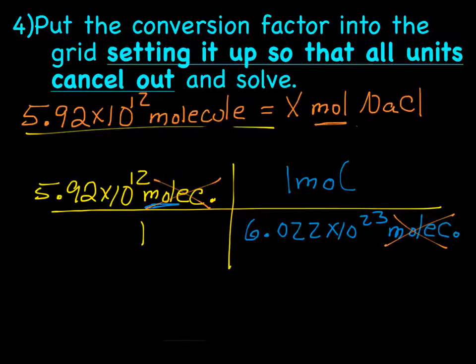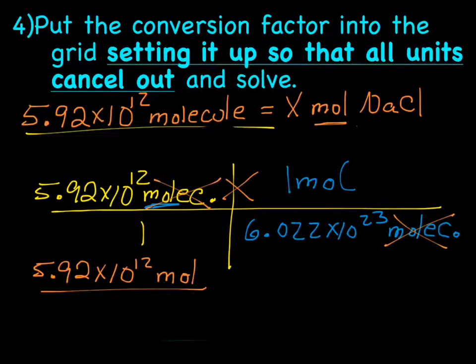All right, and the last step is now to just solve for this. To do that, we multiply across the top. So we're going to take 5.92 times 10 to the 12th times 1 mole, which is pretty easy. That ends up being 5.92 times 10 to the 12th moles, over, multiply across the bottom, which is 1 times 6.022 times 10 to the 23rd.